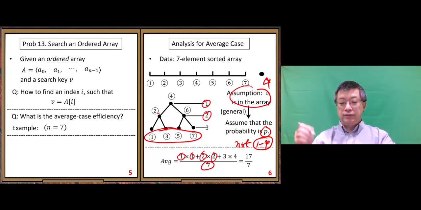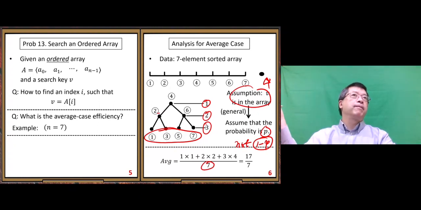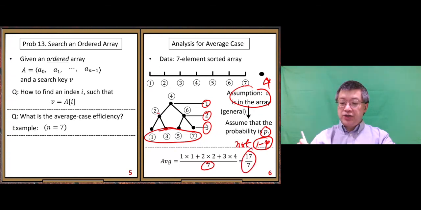That's 2. How many elements correspond to 3 comparisons? That's 4. So for the numerator you do the multiplication and addition: 1 times 1 plus 2 times 2 plus 3 times 4. So the answer is 17/7.